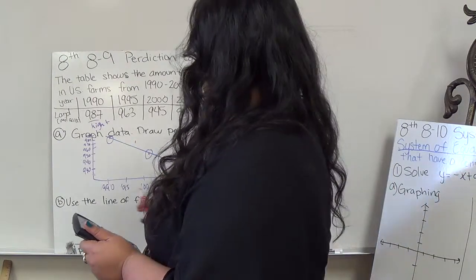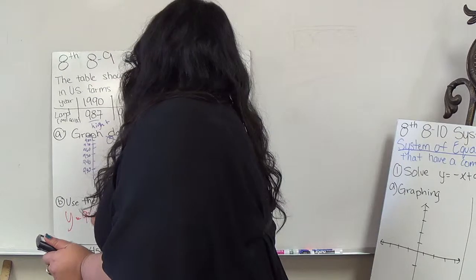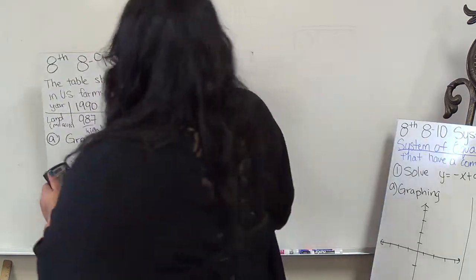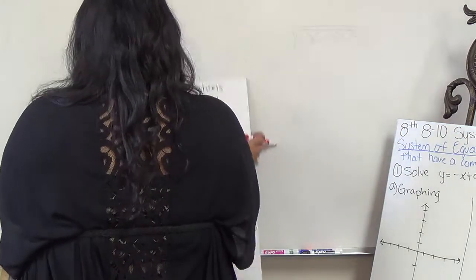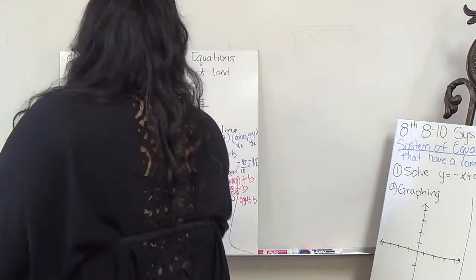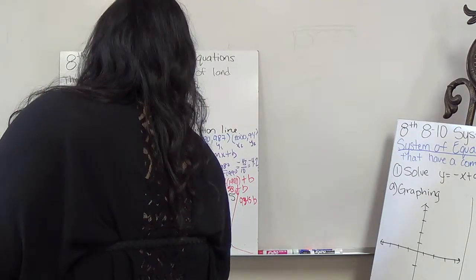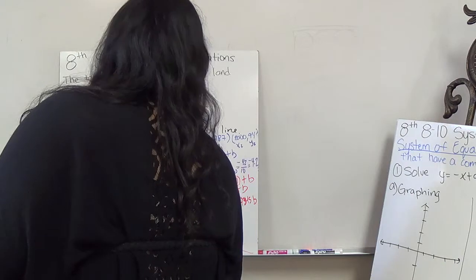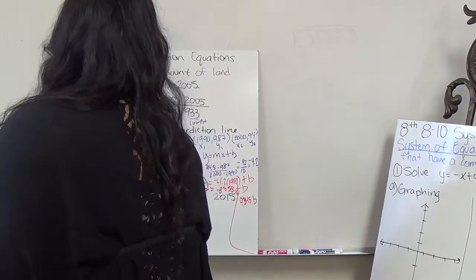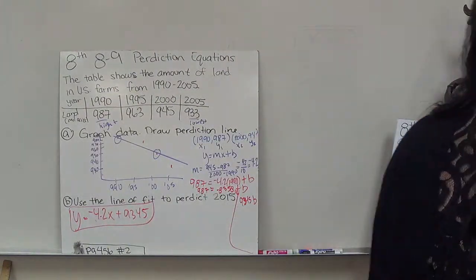So then my line is y equals negative, that's wrong, 4.2x plus 9345. This is my line of fit equation. But it's not asking me what the equation is.